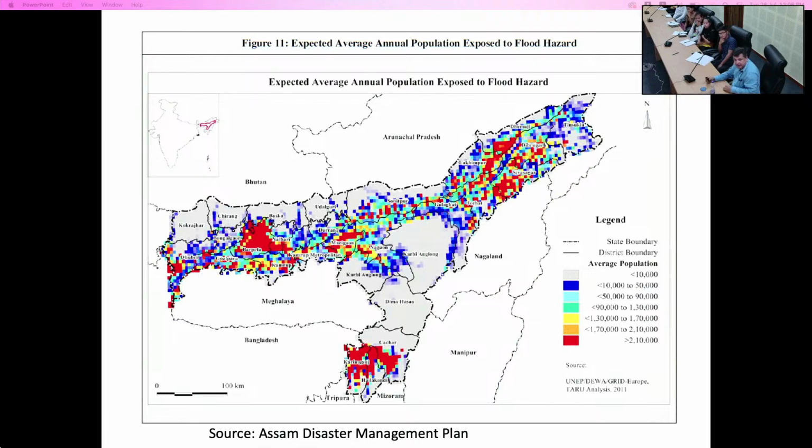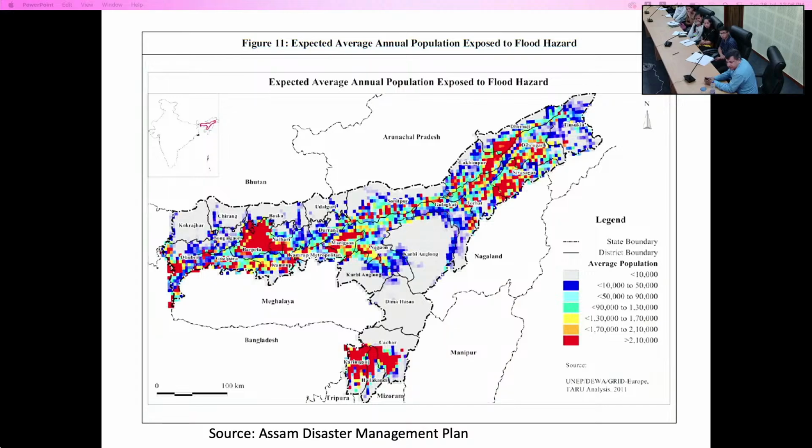This is a map which shows you the expected average annual population exposed to flood hazard. This is a very important map, and maybe in your practical class, if Arup can stay back, I may not be able to, otherwise we could have discussed how to prepare this kind of map.